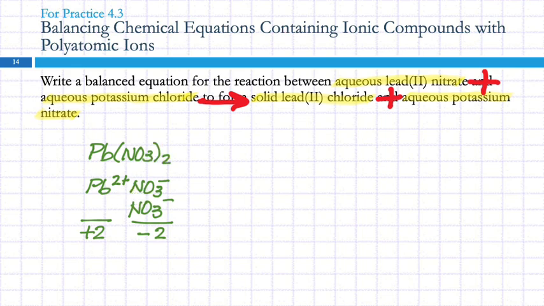This ion has more than one atom in it, and so to avoid being confusing, we need to put shrink wrap parentheses around our bundle and put the number of bundles outside. So there's two of these combinations. And we were told that this was aqueous. Any questions?